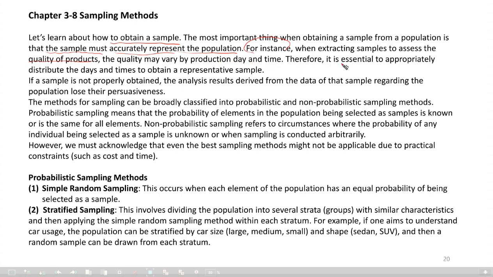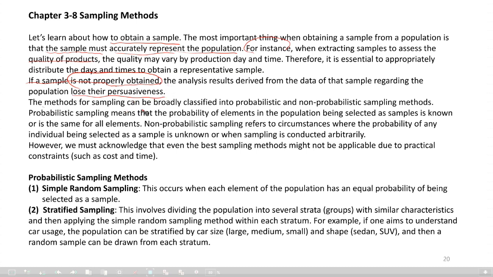Therefore, it is essential to distribute the days and times to obtain a representative sample. If a sample is not properly obtained, the analysis result derived from that data loses its persuasiveness, right? So it is important to represent the population.